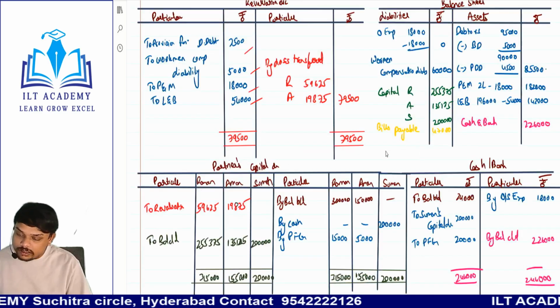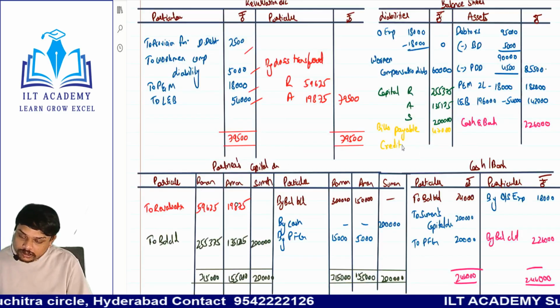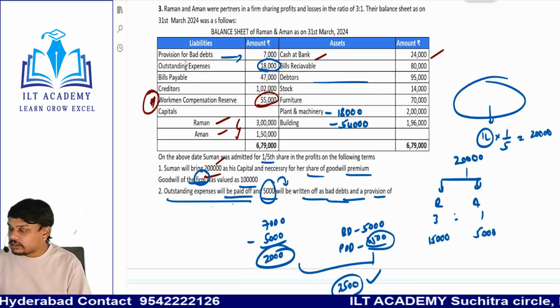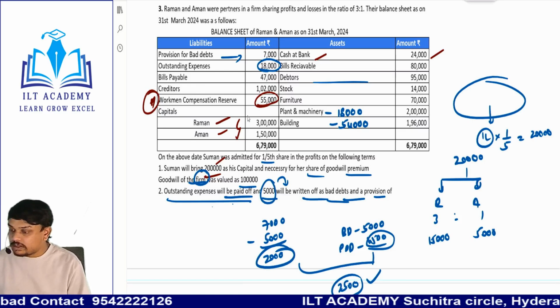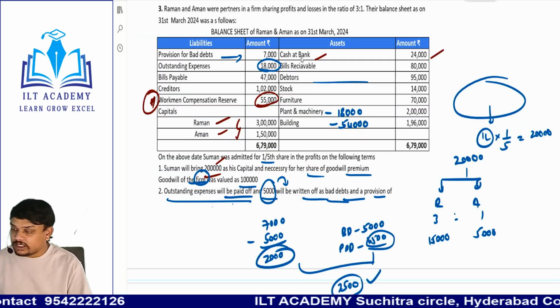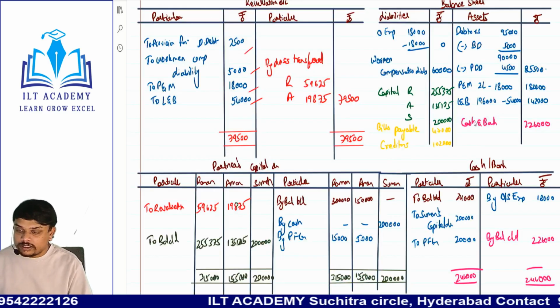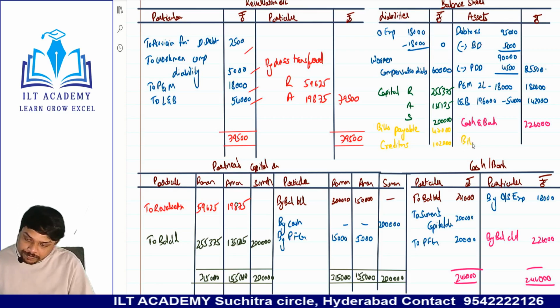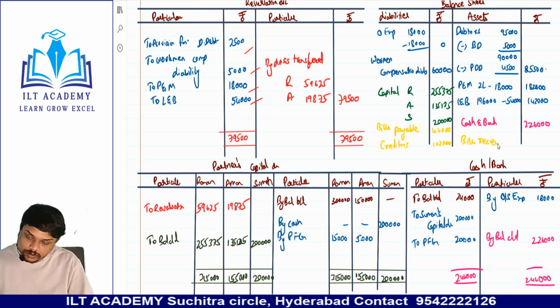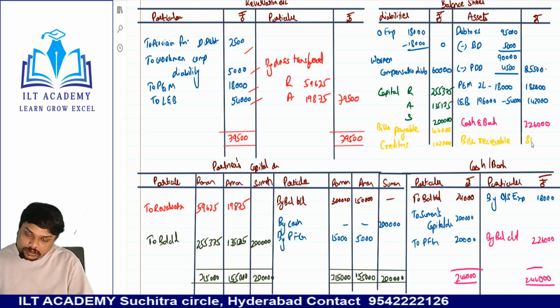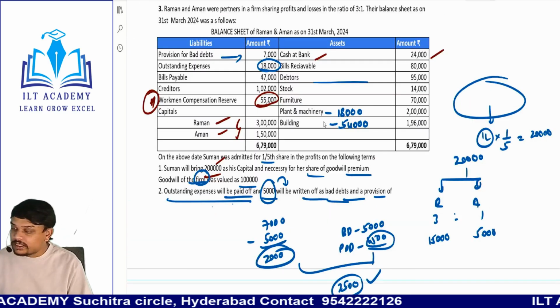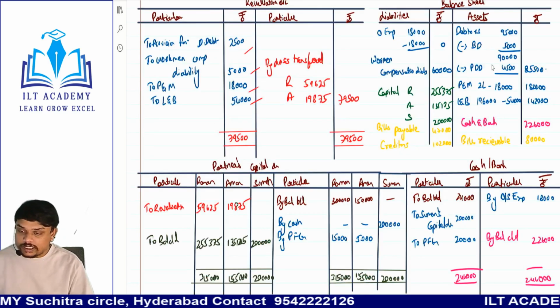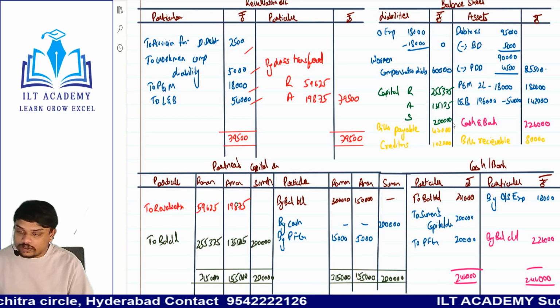Creditors we have 1,02,000. Workman compensation is done. Perfect. Cash at bank we have done. Bills receivable is 80,000, done.